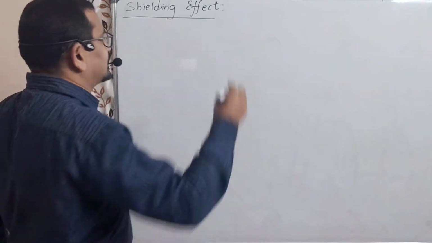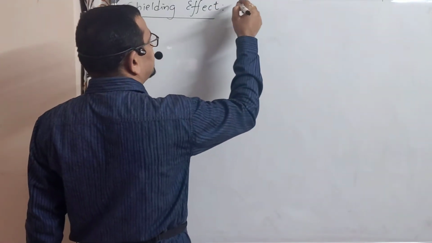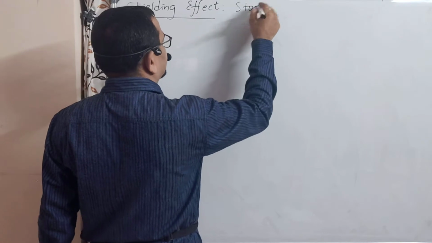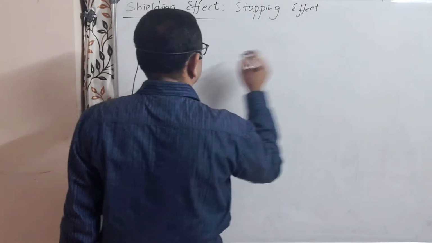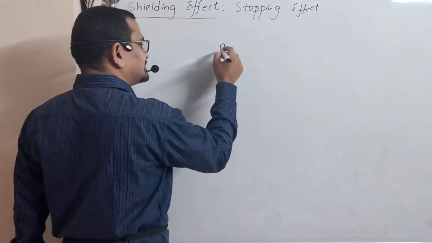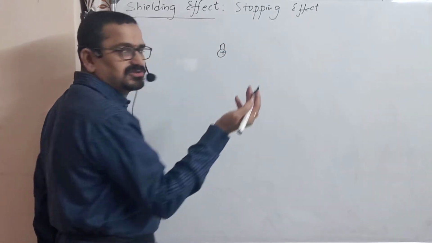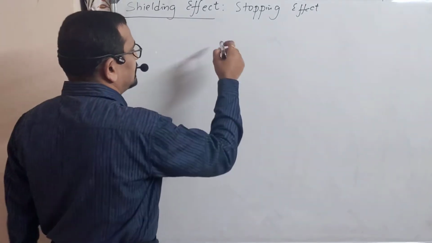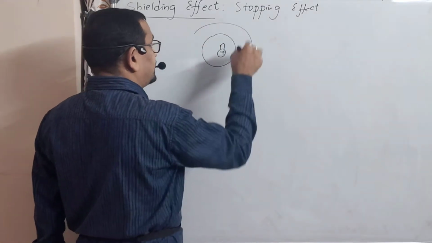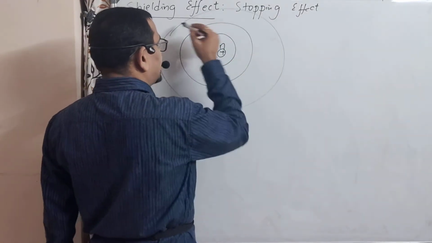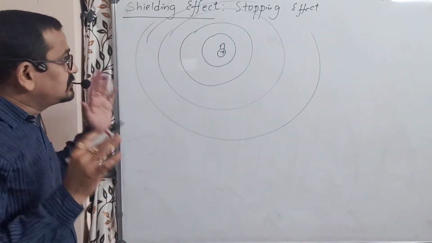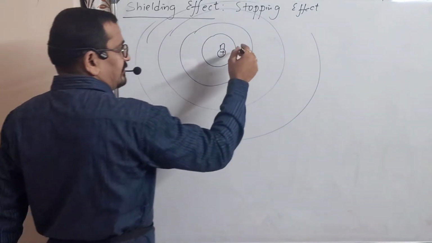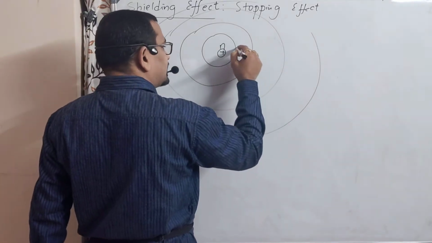Shielding effect is also called the stopping effect. Suppose this is a nucleus, it has a certain amount of positive charge with respect to the number of protons. Around this, in definite shells, electrons are distributed.